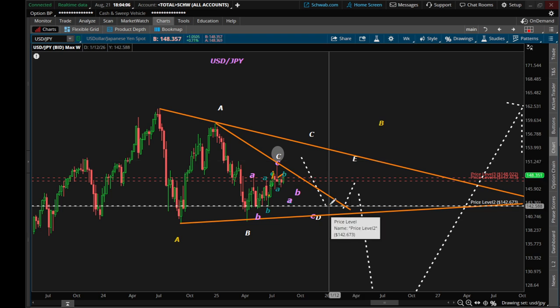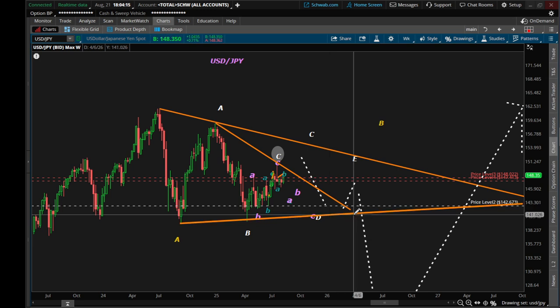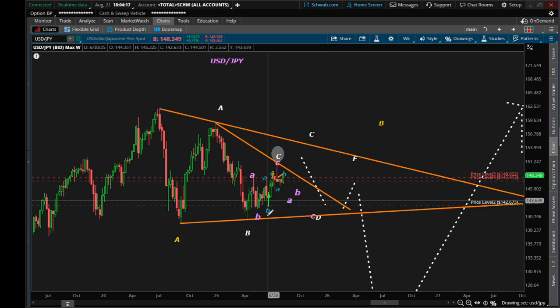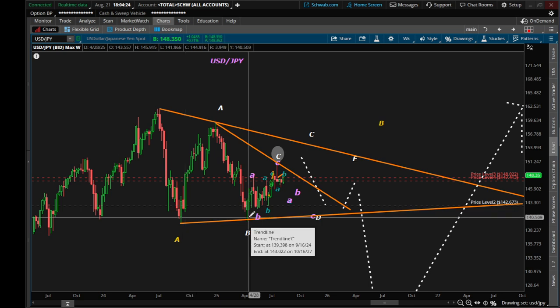I'm willing to bet that it's going to pop out and then fall down below this trend line here. This bottom trend line for our triangle is just based off the primary start of our minor A leg and the end of our B leg. That's how I get these 2 points here.